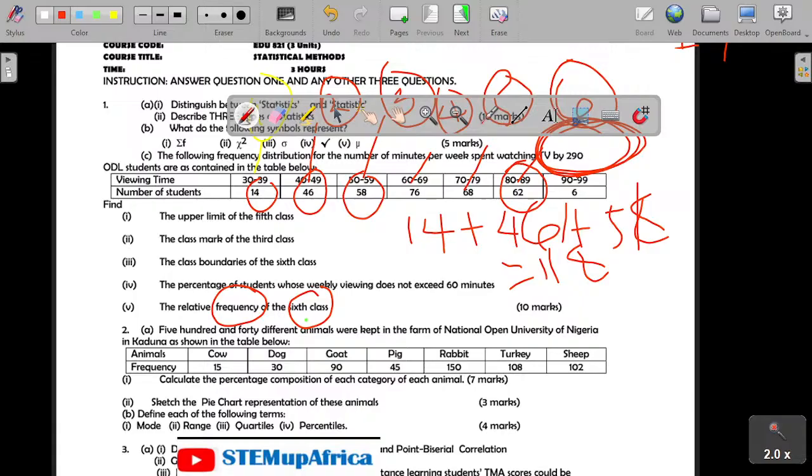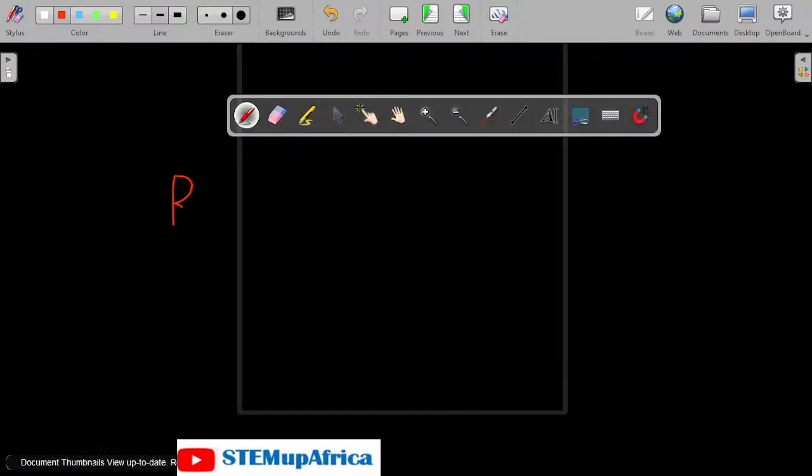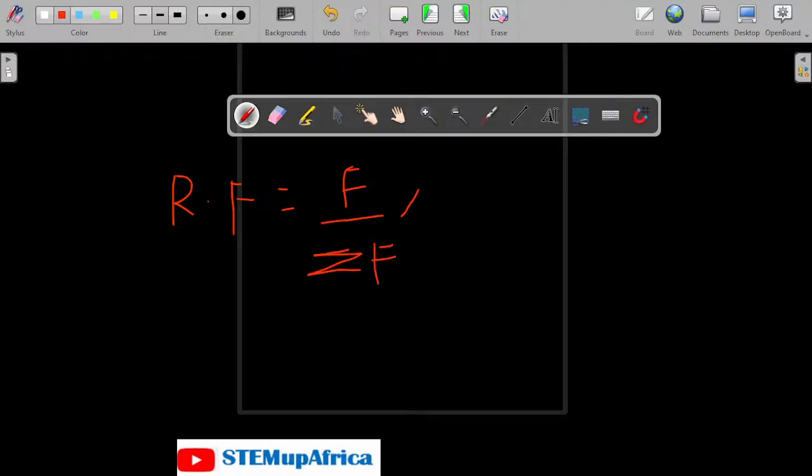So what is the frequency of the 6th class? It is 62, and the total frequency is 290. So what will be the relative frequency now? Relative frequency is the frequency they ask of over the total frequency times 100 over 1.